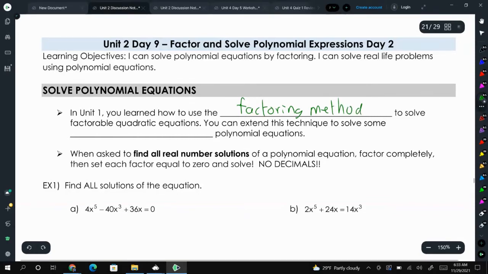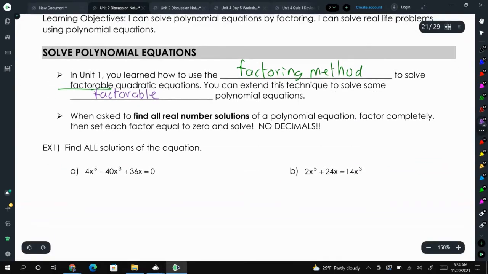To solve factorable quadratic equations, and you can extend this to solve some factorable polynomial equations. Now, when asked to find all real number solutions of a polynomial equation, we got to factor completely, and then, like we did earlier, set each factor equal to 0 and solve and get x by itself.